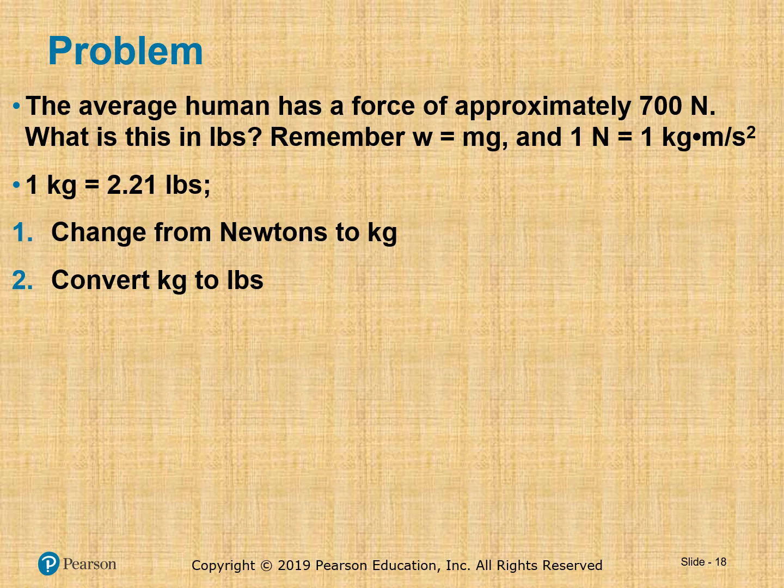Okay, so first thing we want to do is change from newtons to kilograms. So you have 700 newtons. All right, that's your weight, equals, what is your mass? Well, we don't know it, so we're just going to put kilograms here.